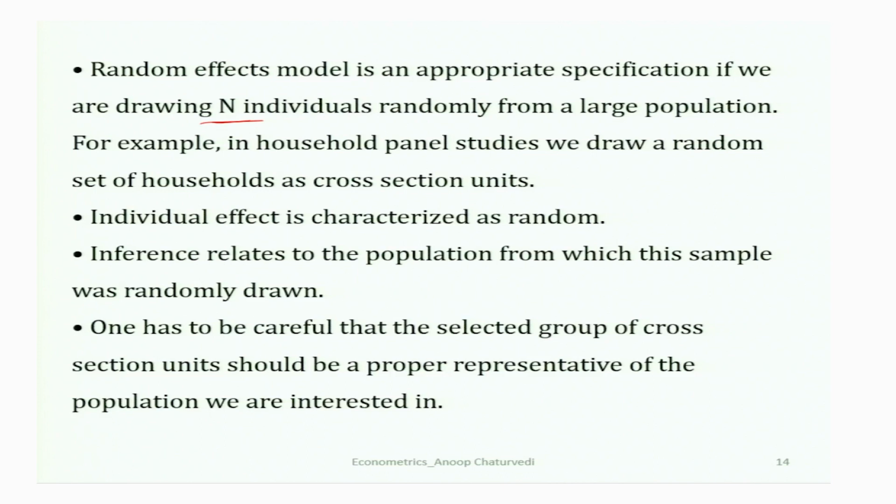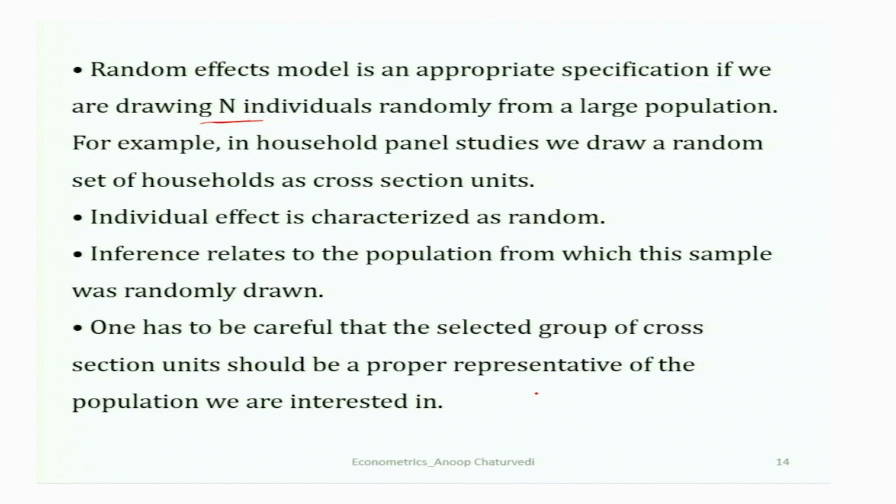In the fixed effects model, we use it when you have a fixed number of cross section units, say different states of India, and you are taking observations on all the states.